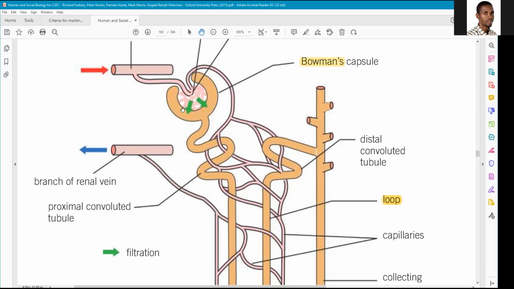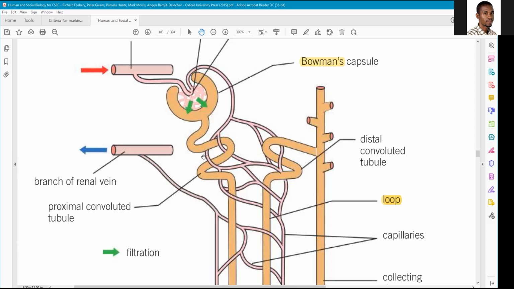So these substances leave and enter into the Bowman's capsule, then travel down the first convoluted tubule. Some substances are reabsorbed. You notice this blood vessel that continues from here, right? It is the same blood vessel that branches here where the reabsorption is going to take place.